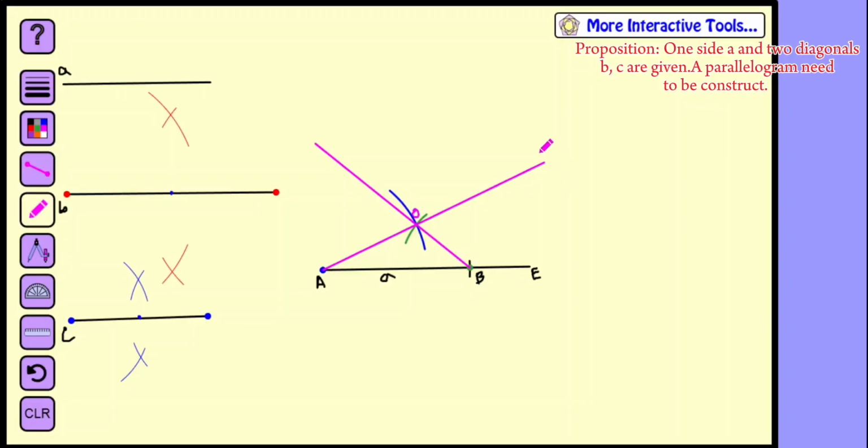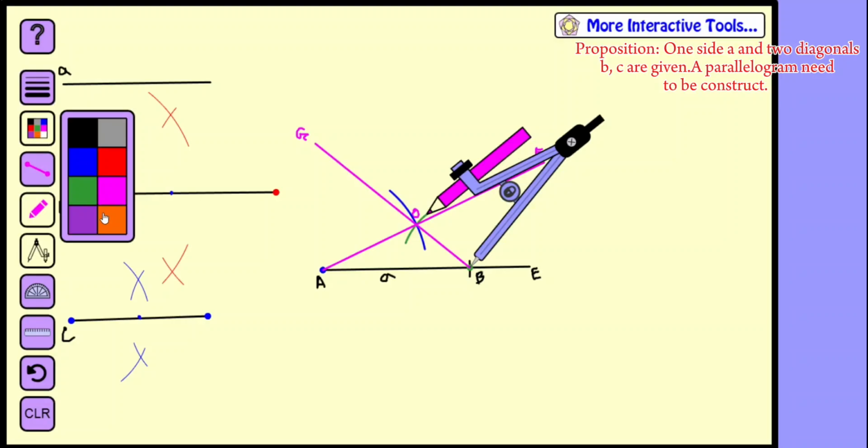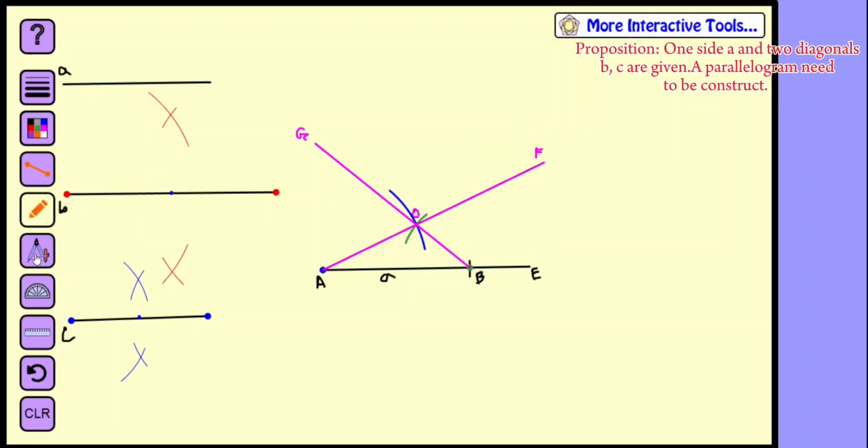Before that, we give names to the extended lines. The first one is F and the next one is Z. Now take your pencil compass again, and you already know that this length was half of C. Take the same measurement again, half of C, put your pencil compass on the D point and cut it from the Z line, the DZ line.